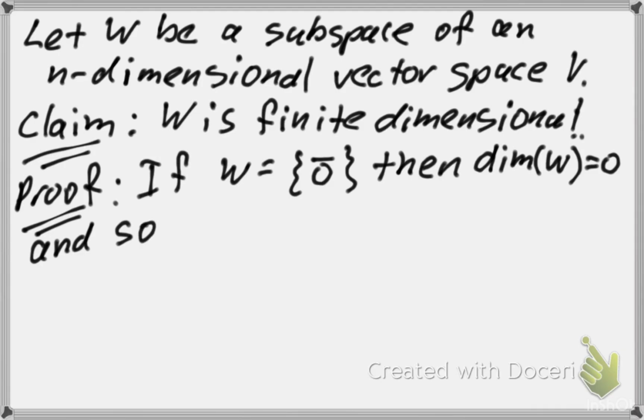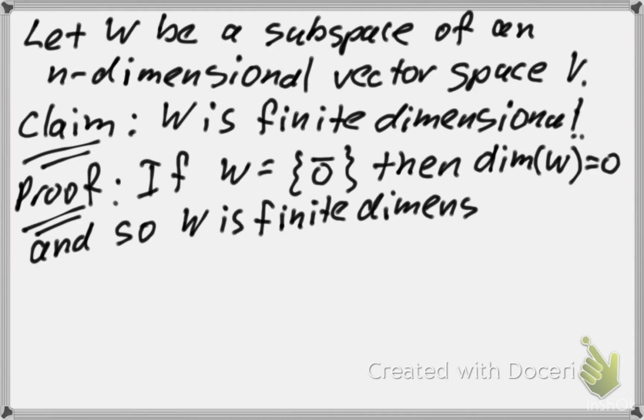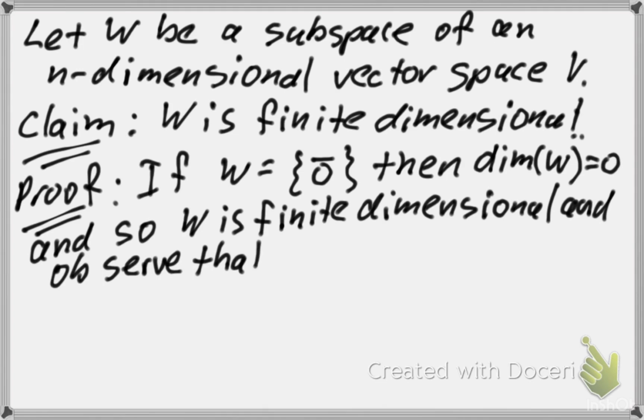And so W is finite dimensional, and observe that the dimension in this case of W, which is 0, is going to be less than or equal to the dimension of V.